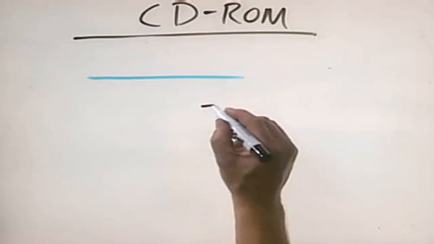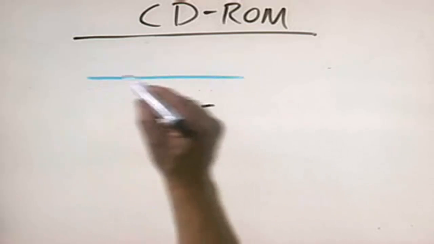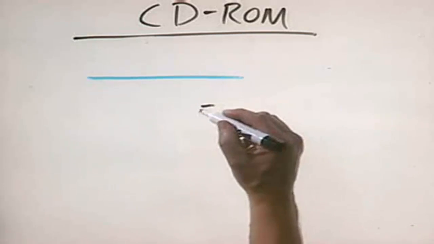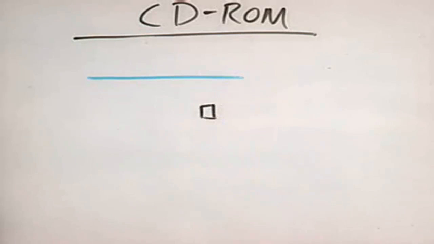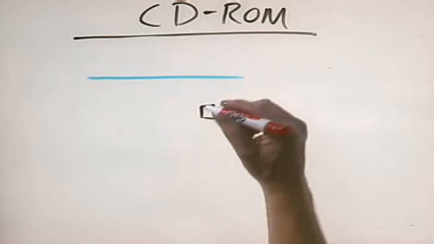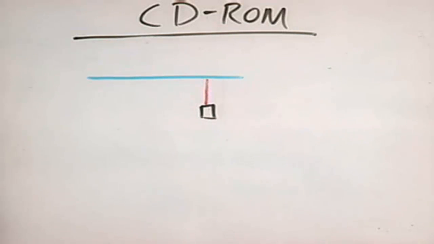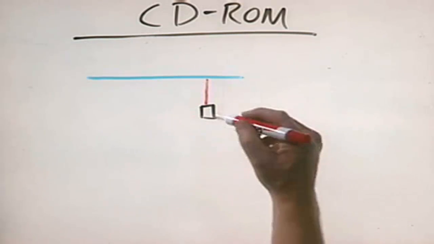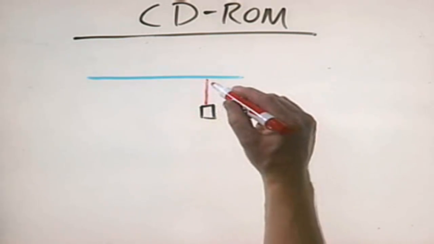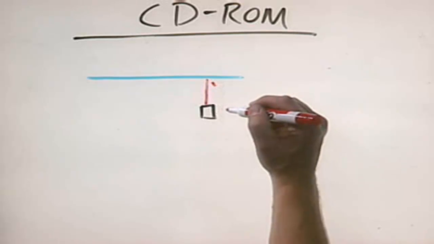Here's how it works. We have our CD disc right here. We're looking at it from the end, edge on, so it looks flat. And we have a laser right here. This laser shines its beam continuously onto the bottom surface of the CD-ROM. If it hits a pit that doesn't reflect, nothing is reflected back. If it hits a land that is reflective, however, we get a reflection.